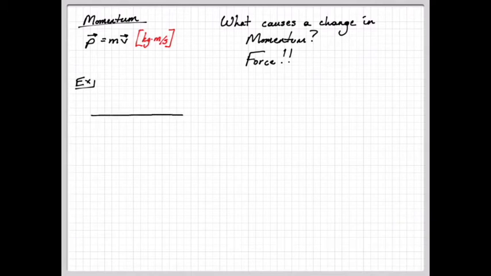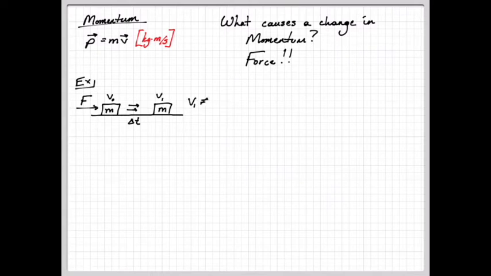So let's start with a simple idea. We've got a box or some object of mass m, and it's moving with some initial velocity, v0, and we apply a force, and the key here is we apply a force over some time interval. Now as a result, we know because of Newton's second law, and first law for that matter, we apply a force and that's going to change the velocity.